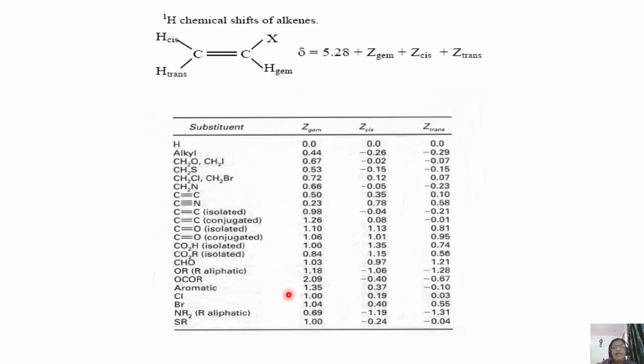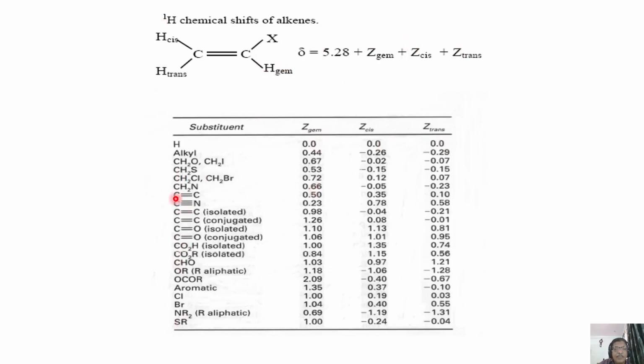Okay, so like that you can find out the chemical shift of alkenes for trans, cis, and geminal coupling, if it is present. What happens if it is in a cis position, geminal position, or trans position? For alkenes the base value is 5.28. We have to take into account the different substitutions, whether it is cis to this proton, geminal to the proton, or trans. If there is a geminal group, let us say it is a proton, then the value for this is 0.